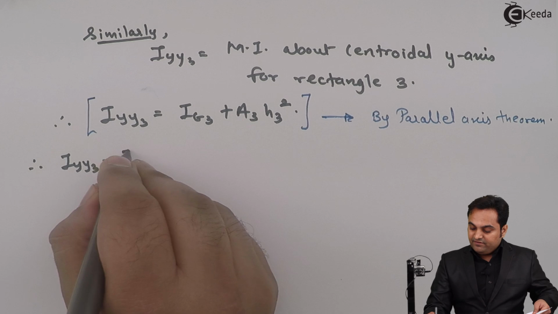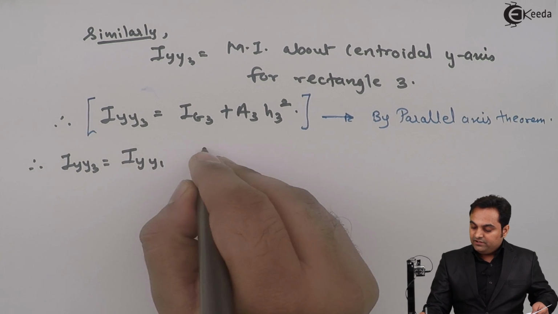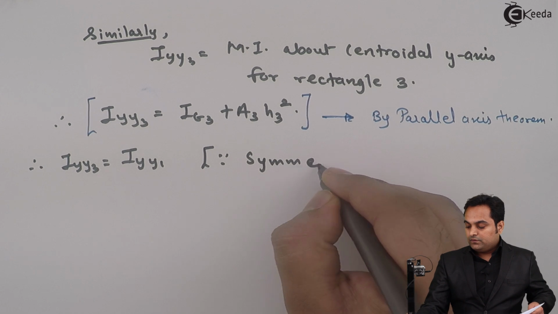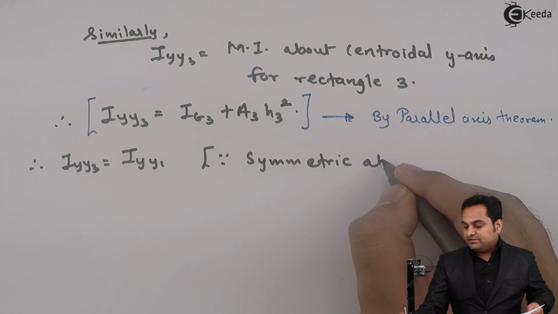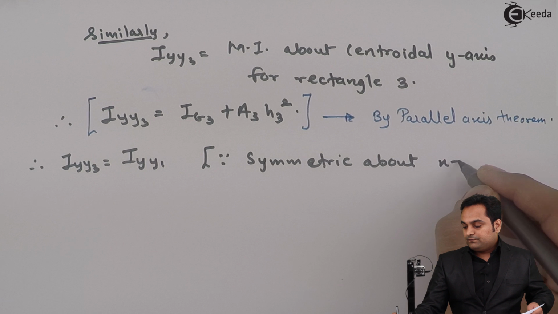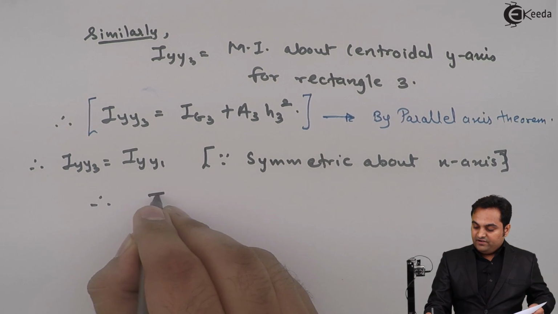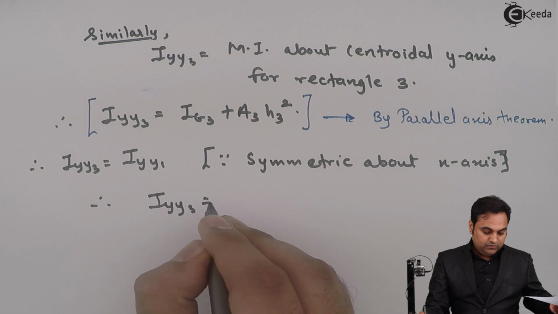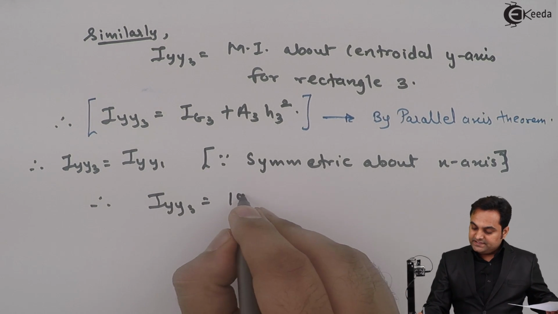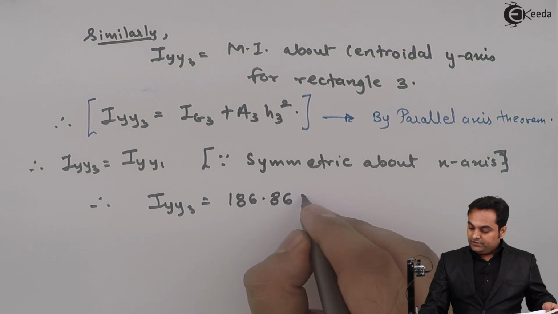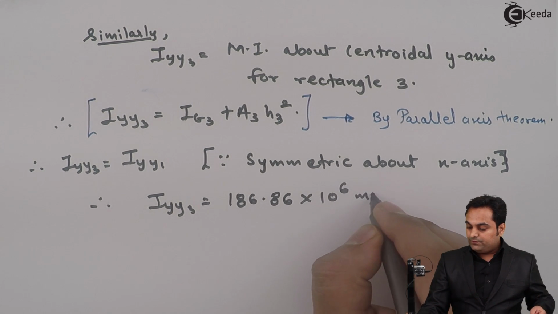So Iyy3 is equal to Iyy1, since symmetric about the x-axis. Therefore Iyy3 will be equal to Iyy1, which was 186.86 into 10 raised to 6 mm raised to 4.